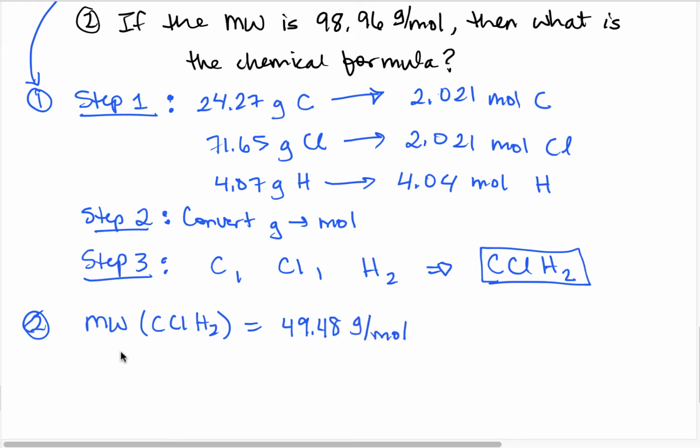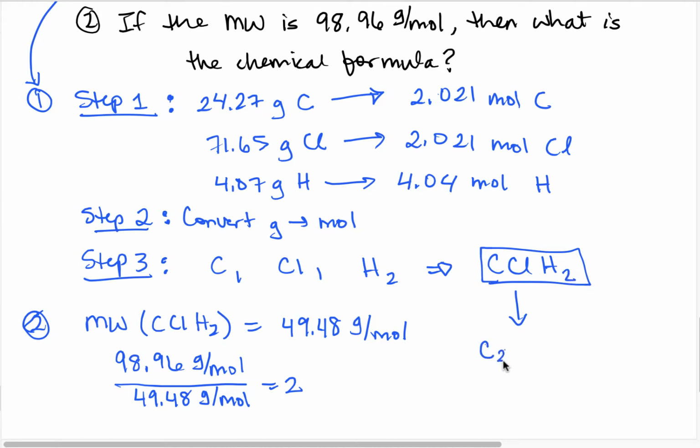So now we can see that 98.96 grams per mole divided by 49.48 grams per mole is equal to 2. So that means our empirical formula was CClH2, and our chemical formula is C2Cl2H4. We take each of our coefficients and we multiply them by 2.